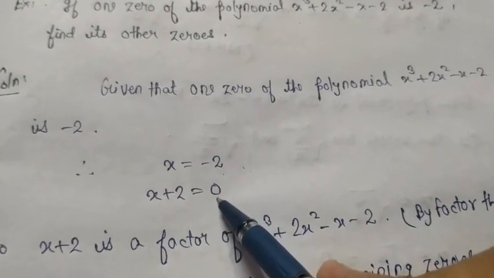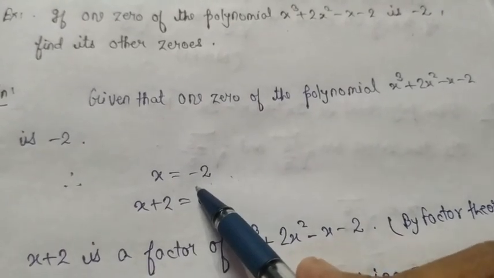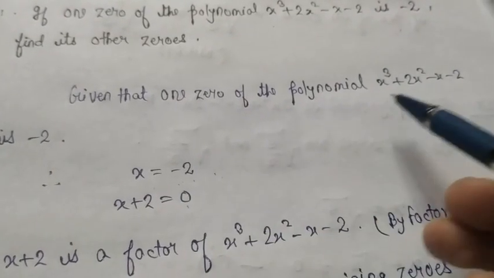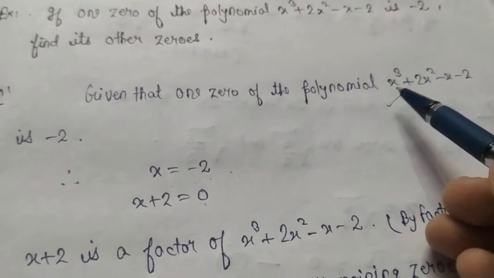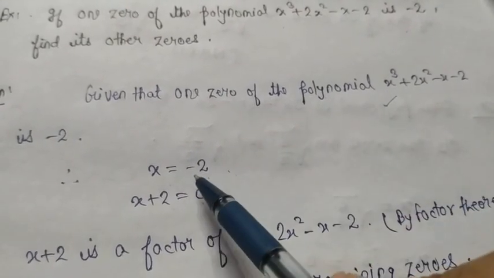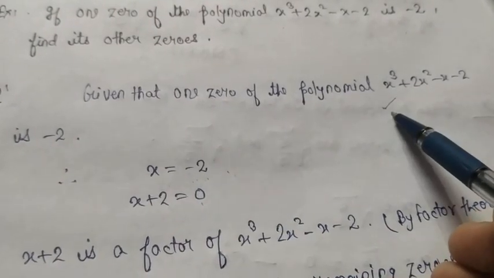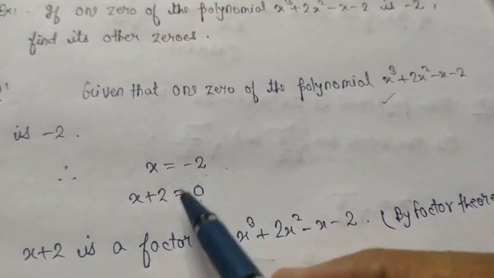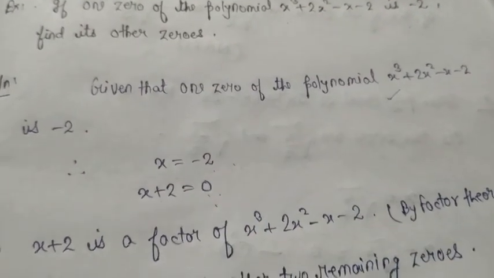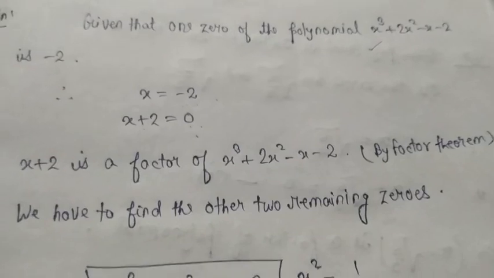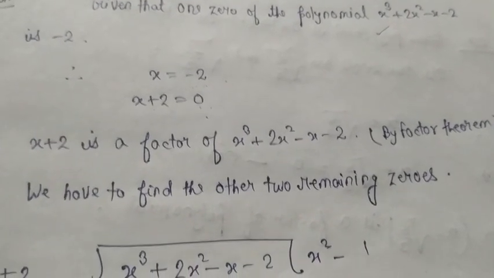Children, listen to one thing: if x equal to minus 2 is the zero, then when you put minus 2 in this polynomial, the polynomial becomes 0. This is clear, because when a given number is a zero, when you put it in the given polynomial, the polynomial becomes 0. So it means x plus 2 is equal to 0. It shows that x plus 2 is a factor of x cube plus 2x square minus x minus 2.